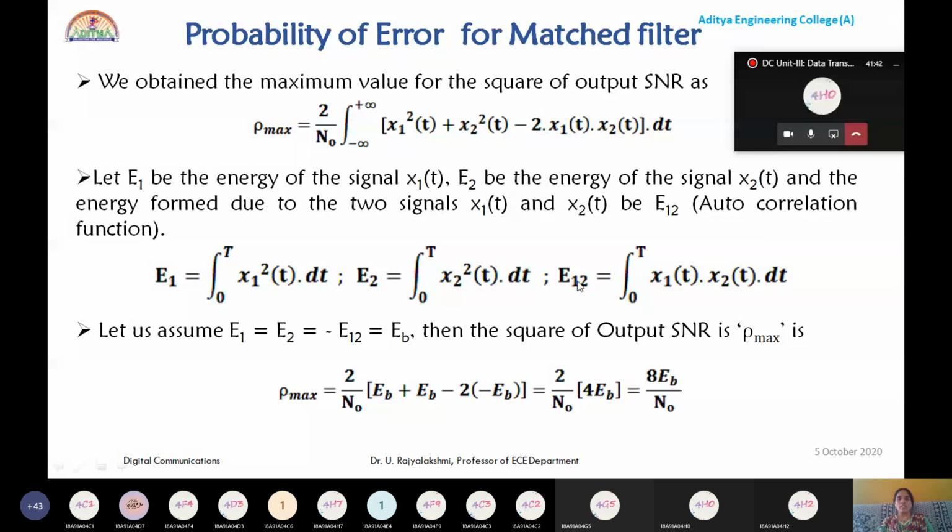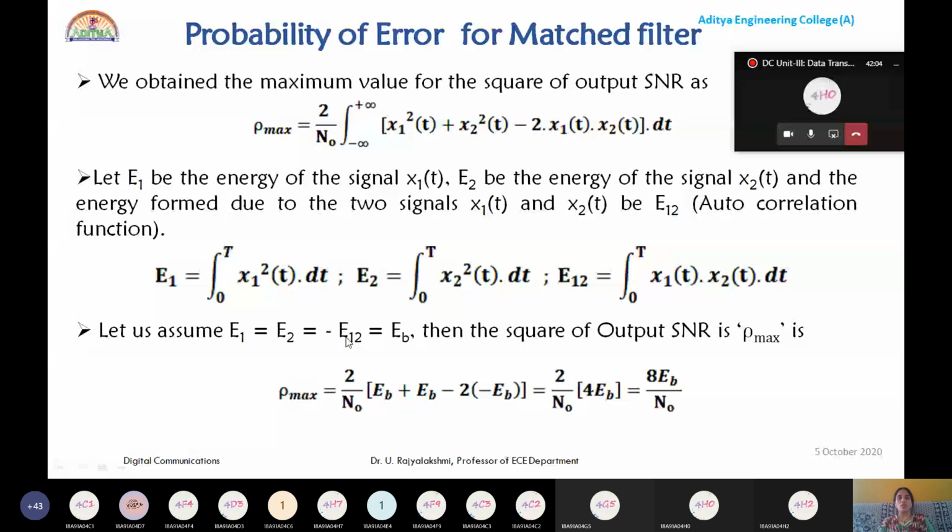Okay, and similarly E12 is equal to integral 0 to T x1 of t into x2 of t. Here x1 of t is positive magnitude and x2 is of negative magnitude. So obviously the energy obtained from this autocorrelation function is negative. So that's why we assumed E1 is equal to E2 is equal to minus E12.